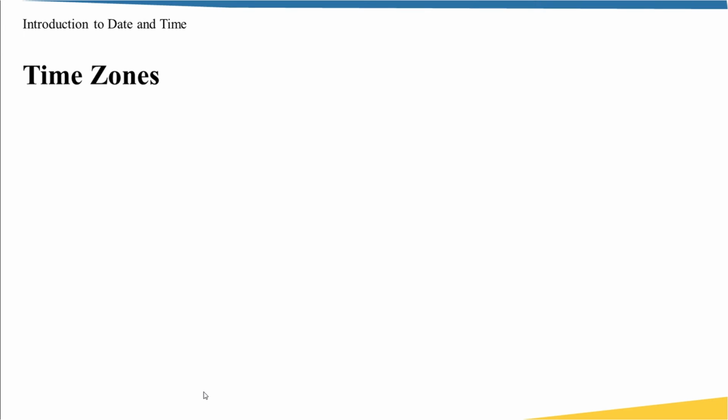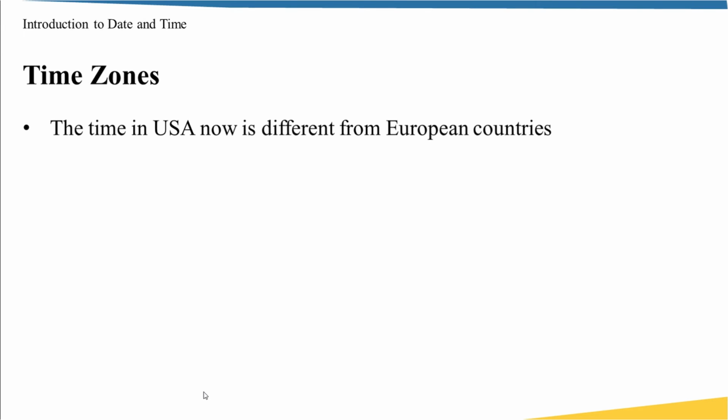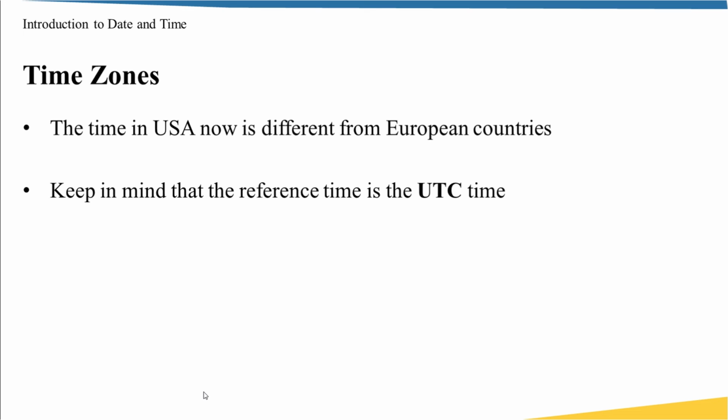Now let's talk about time zones. If you check the time now in the USA, you will find that it's different from European countries. Why did this happen? Because these two countries or continents are in different time zones. Before I explain the meaning of time zone, keep in mind that the reference time is the UTC time, which is the time at longitude 0.